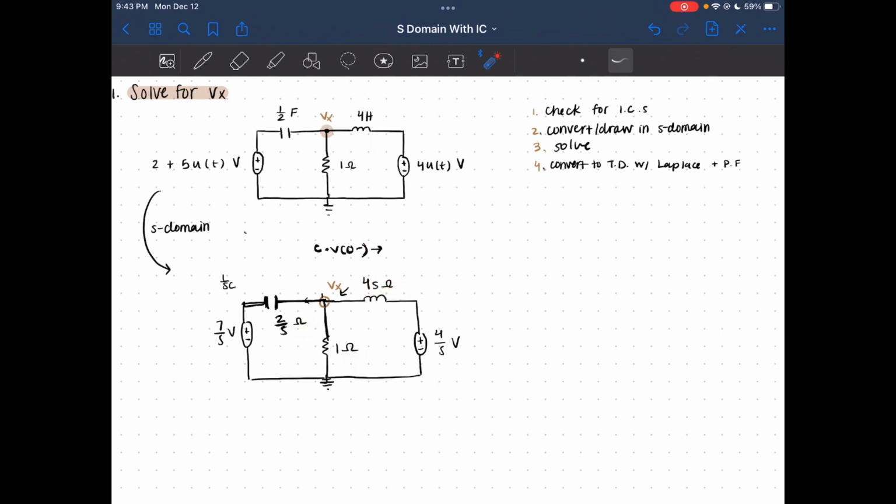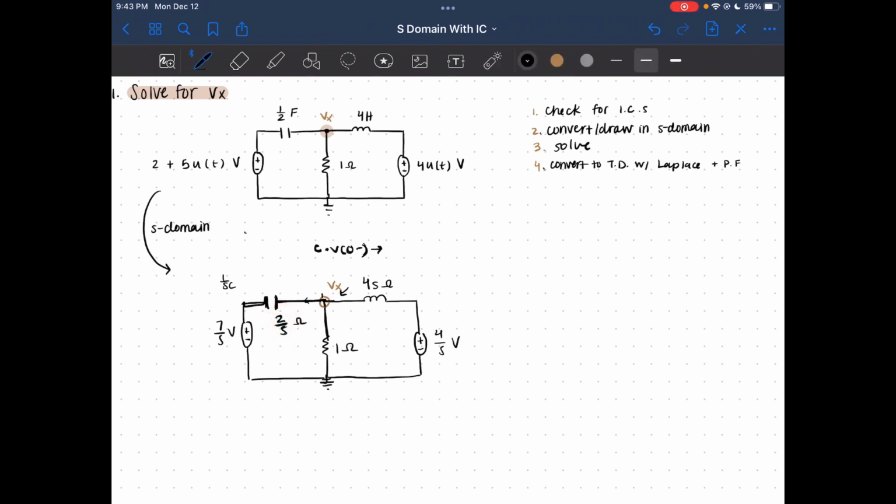Whenever we translate a capacitor into S-domain, its equation is 1 over SC. Our value of capacitance is 1/2, so this translates into 2 over S, again in ohms.